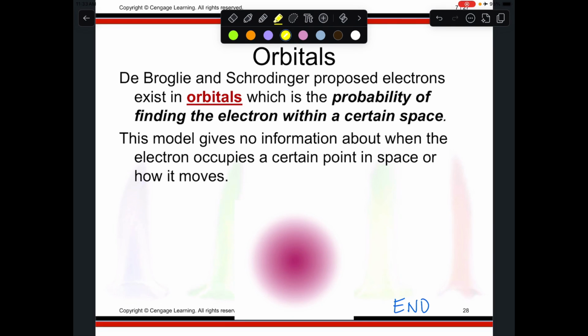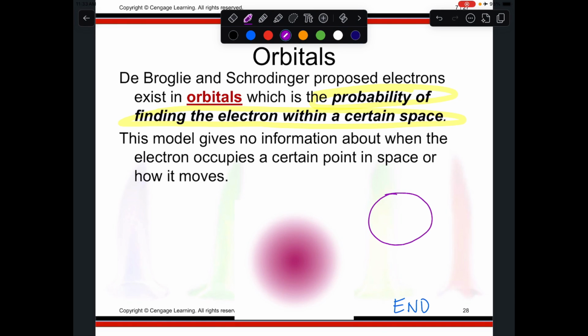All right, the last thing we're going to look at here is orbitals. Remember, prior, Niels Bohr was calling them orbits, and now we're going to use the term orbital, which is a kind of confusing topic. An orbital is the probability of finding an electron within a certain space.